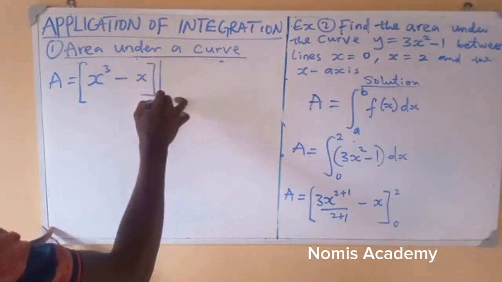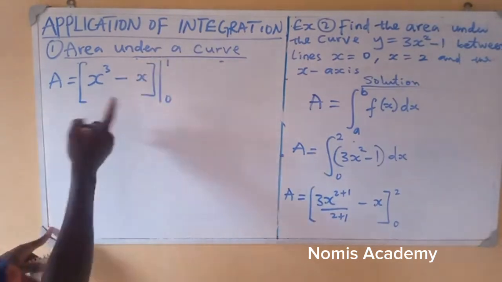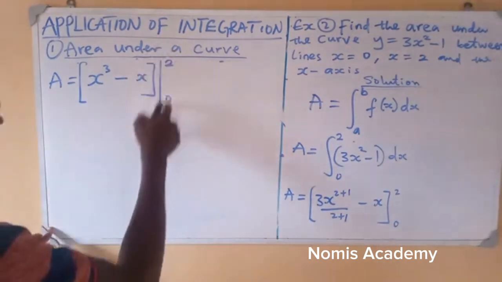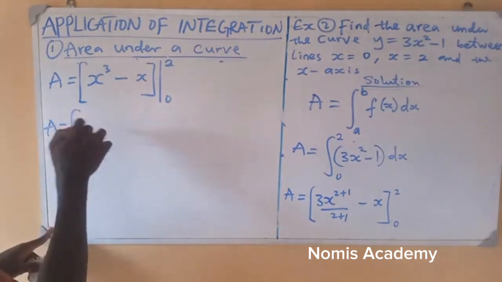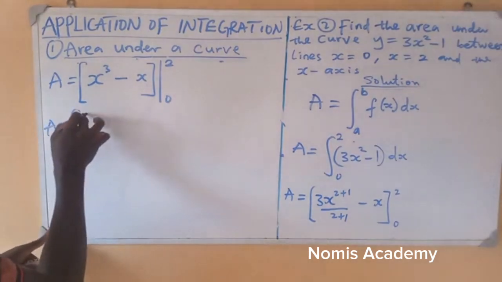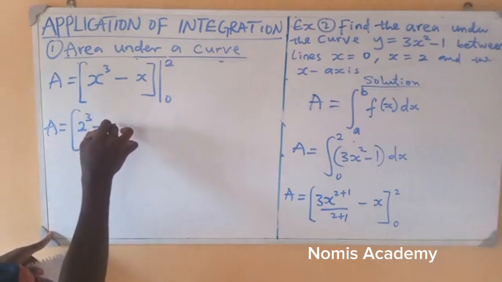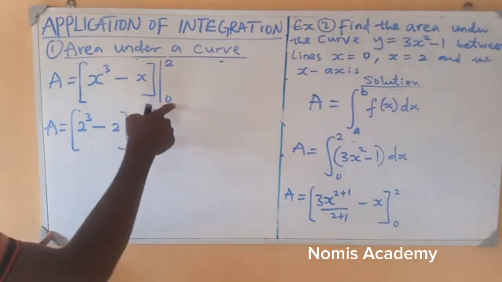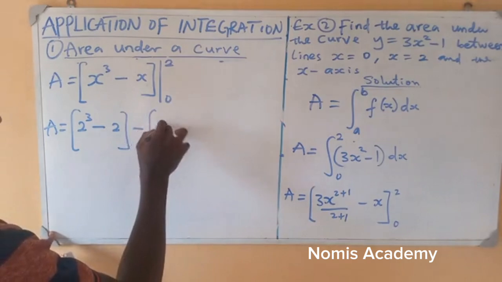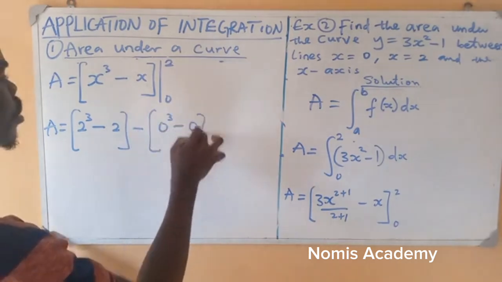The limit is from 0 to 2. So slot in the limits, the area is equal to 2 raised to the power of 3 minus 2, minus, now slot in 0, we have 0 raised to the power of 3 minus 0.